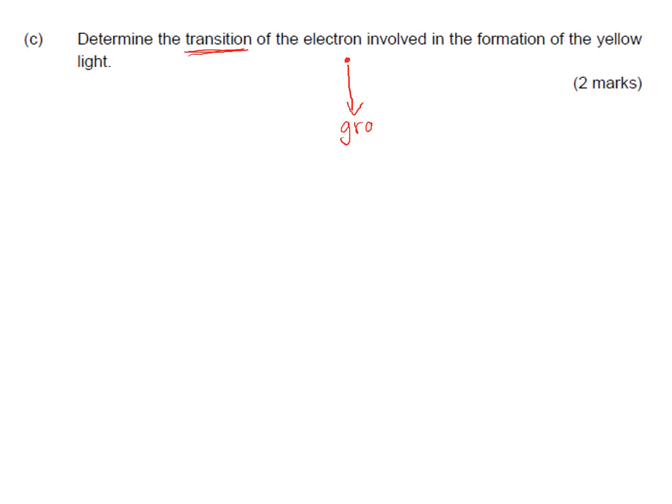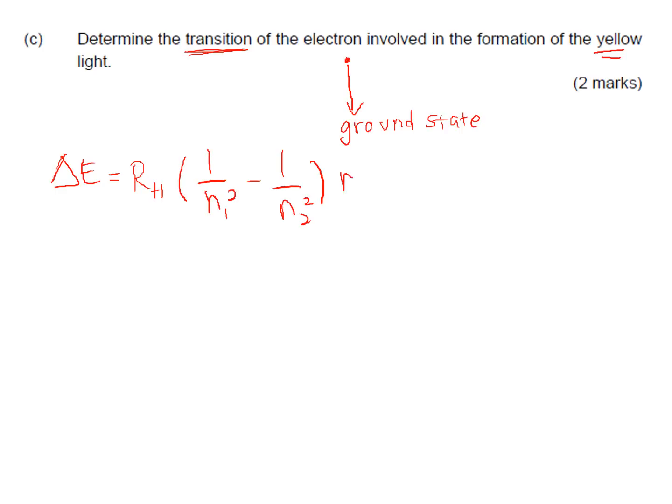For the yellow light, we already calculated the delta E. We use this formula: delta E is equal to RH, the Rydberg constant, times 1 over N1 square minus 1 over N2 square, where N1 will always be smaller than N2, or in other words, N1 here will always be the ground state. Remember this delta E must be in joule.